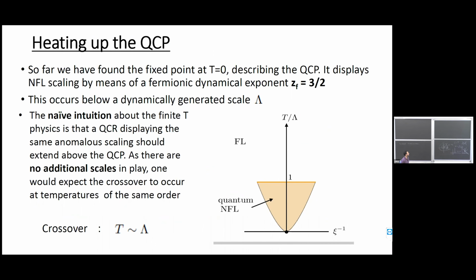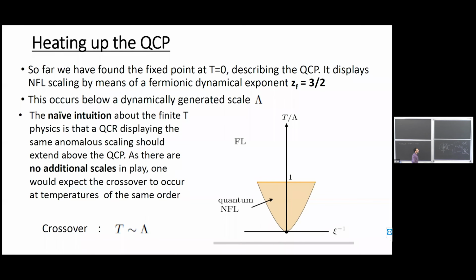the finite temperature picture. Before going to the particular details of the computation, let's briefly describe the naive expectation for the quantum critical region. So far we have seen that there's a dynamically generated scale lambda, and as soon as we turn on the temperature, we introduce another scale, which is the temperature.